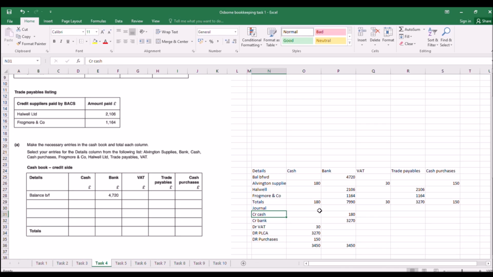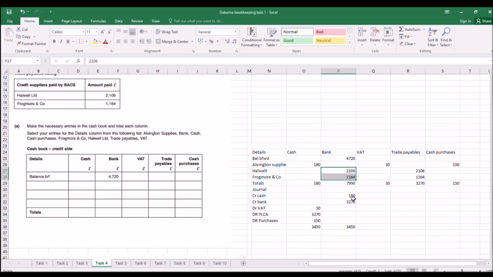Now actually what happens though is this bank bit wouldn't be posted into the other part of the general ledger because this is already in it. We're going to use this bank and this cash as the actual general ledger account. So that's where it's become a book of prime entry and also a ledger on its own, part of the general ledger really.